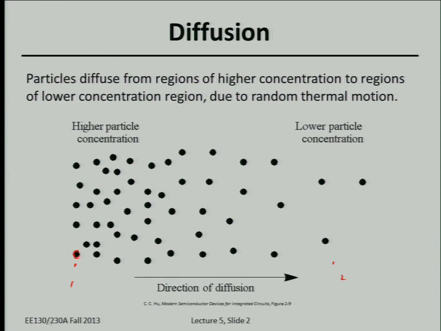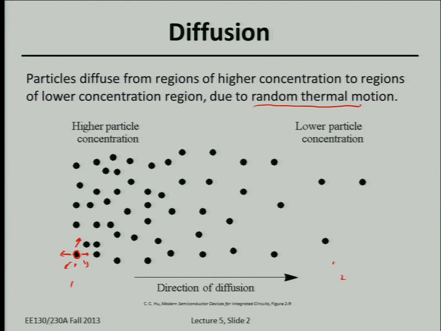At the beginning, I'd like to keep track of a single carrier, let's say a single electron. It tends to move in all 3D directions. This is Brownian motion, which is random and due to thermal motion. But that's for a single particle.